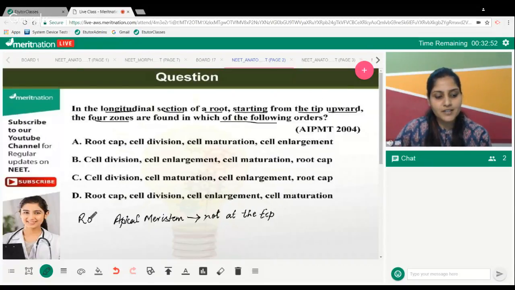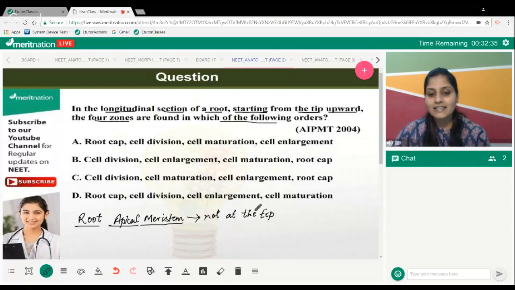Root apical meristem, basically, if I talk about. Anyone? Any idea? That apical meristem, however I'm calling it apical, I'm saying it is not present at the tip. So what is wrong over here? Why is it not occupying the tip position?